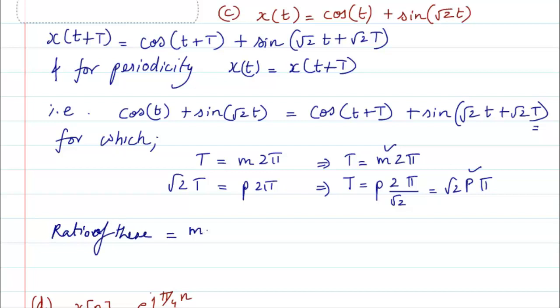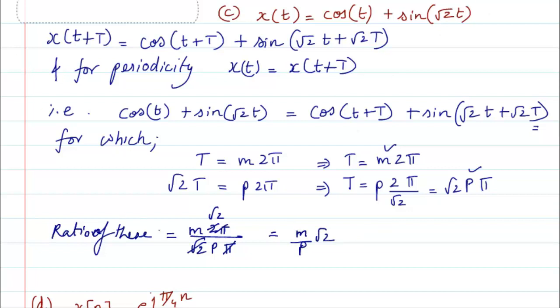The ratio of this will be m 2 pi divided by p root 2 pi, where pi and pi will cancel, root 2 and 2 will get cancelled to get root 2, and we will get the value as m by p into root 2.